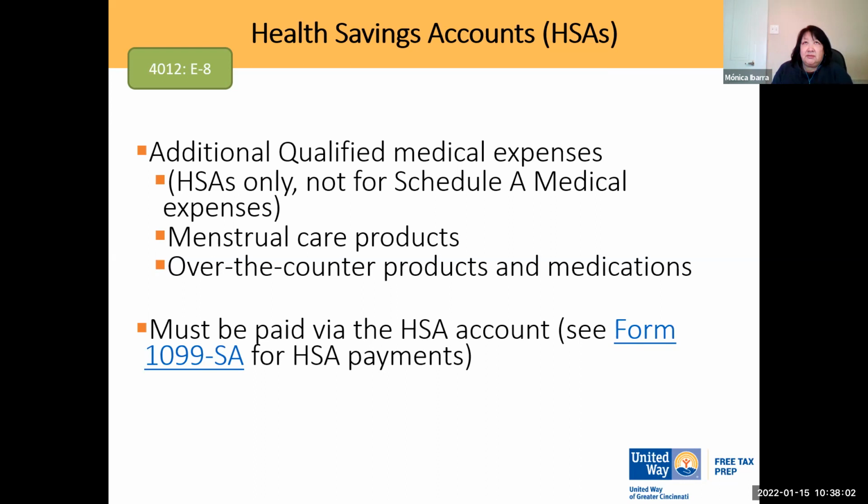So there are two places where you can find where qualified medical expenses are. It is on page E8, which talks about what qualified medical expenses are for an HSA. And then it also includes what are qualified medical expenses for Schedule A, all right? They are not the same.